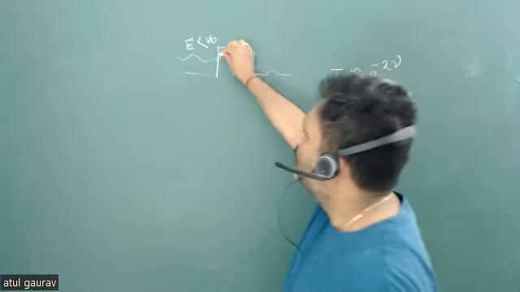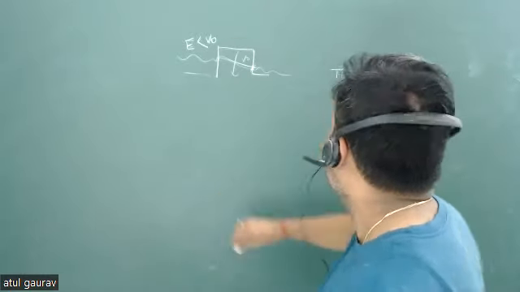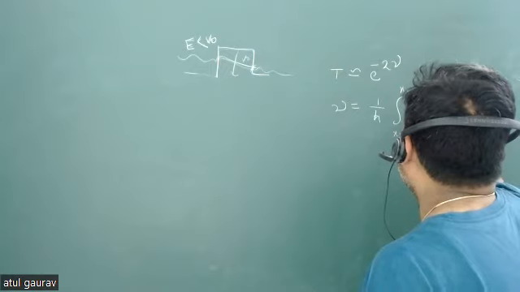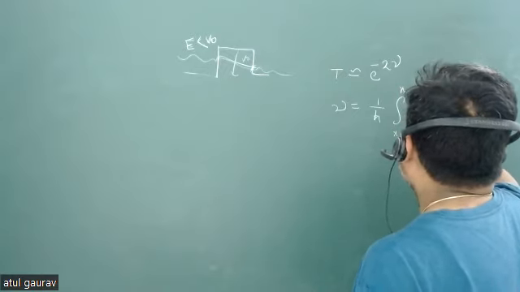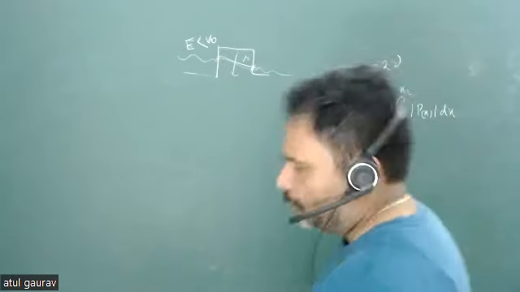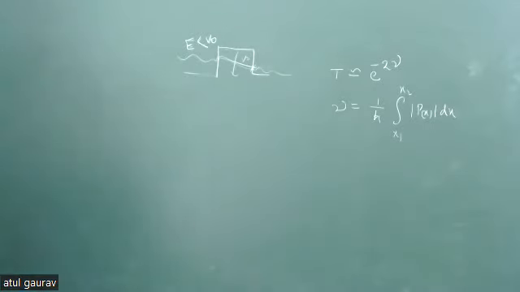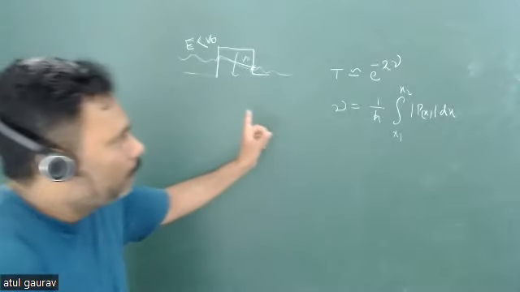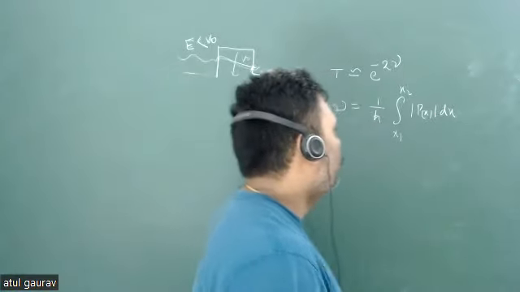This one is x1, this one is x2, and you have mod px dx. So you have to be careful about your energy and potential.